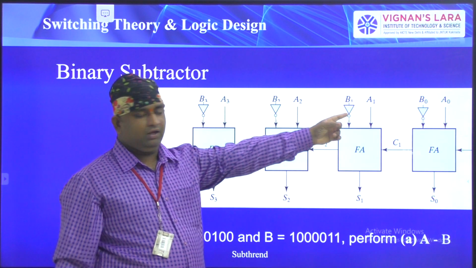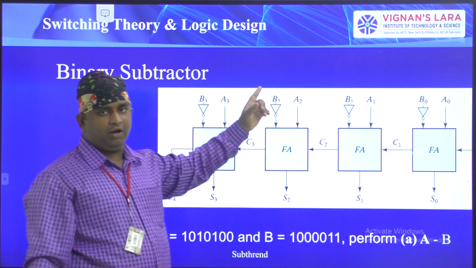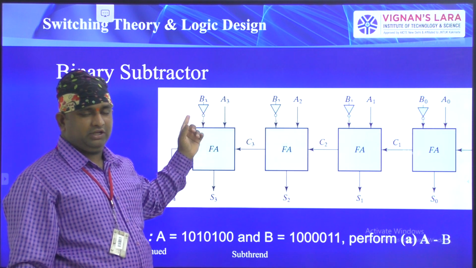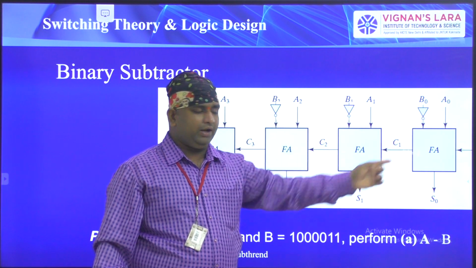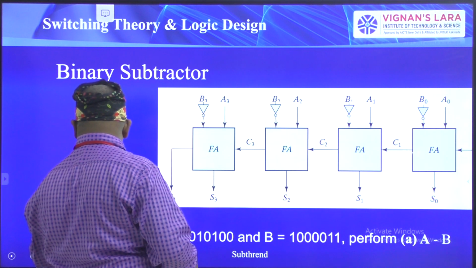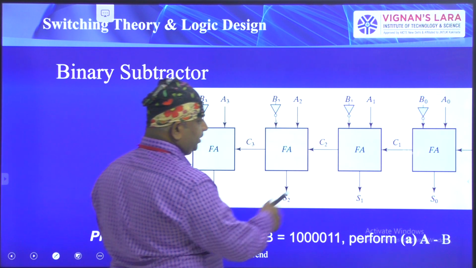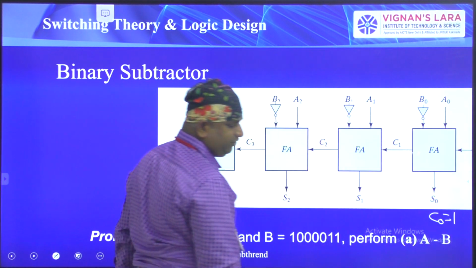I have taken A0, A1, A2, A3 values, and next I have taken B0 bar, B1 bar, B2 bar, B3 bar values. Then I have written C0 is equal to 1. It is not visible, so I am writing here. Remember that for the first full adder, C0 is always equal to 1.